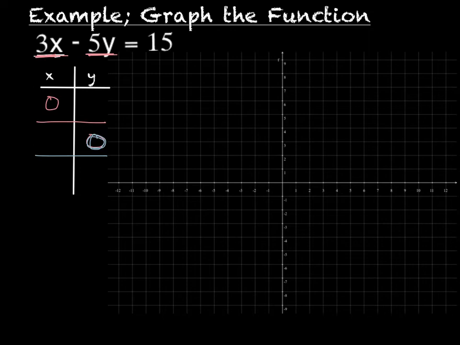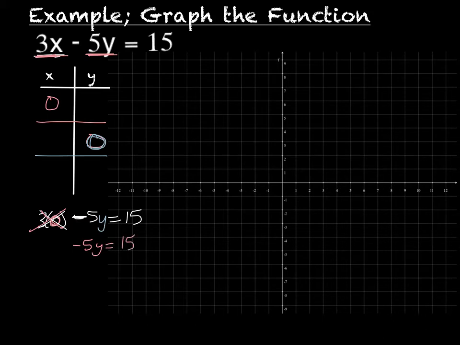So with the first one, if my x is 0, then I have 3 times 0 minus 5 times my y, which is equal to 15. Alright, so 3 times 0 is 0, so that's going to get rid of that, and then I'm just left with negative 5y equals 15.